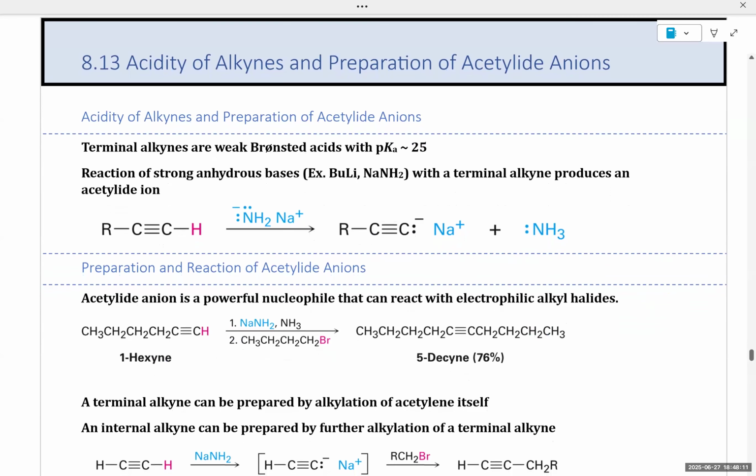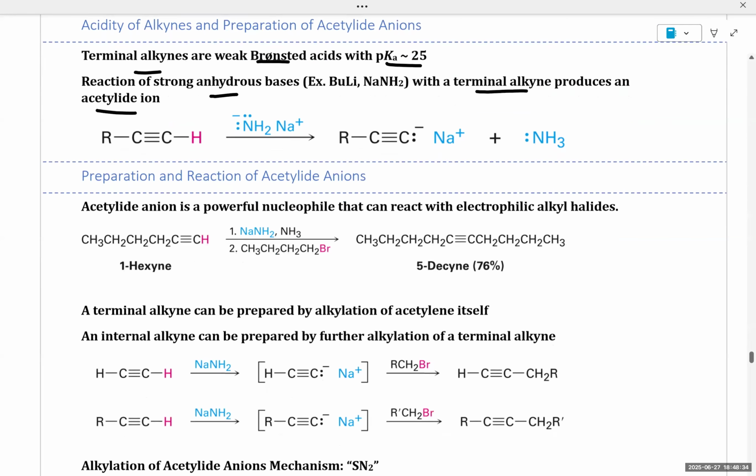Now, one other feature of alkynes is the fact that alkynes are acidic. Terminal alkynes are weak Bronsted acids with a pKa of around 25. Thus, reaction of strong bases with a terminal alkyne produces an acetylide ion. Now, the acetylide ion is a powerful nucleophile that can react with electrophilic alkyl halides.